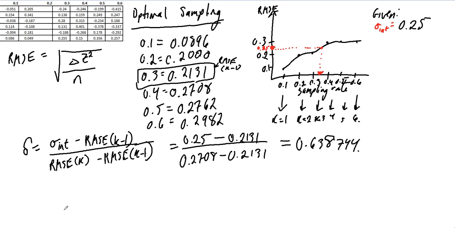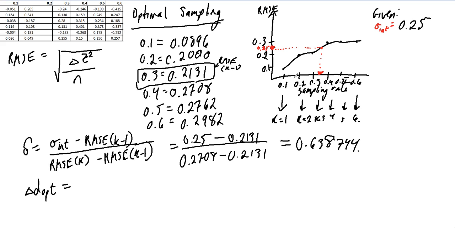Now we need to put it into the actual value. We need to figure out what my optimal sampling distance is. When calculating the optimal sampling distance, I am looking for the place on the x-axis that this is going to work at.